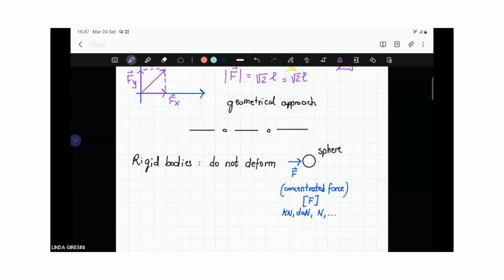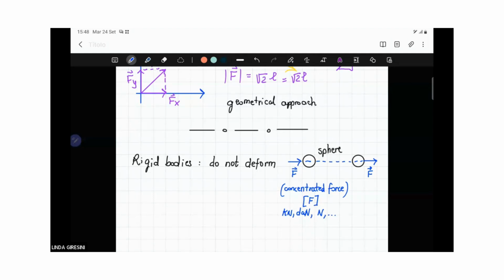So if you have a rigid body, since the body does not deform, you can translate the force vector without, of course, changing its magnitude and its orientation, so along the same line. That's important. So along the same line of action, you can translate the force to any other point of the rigid body itself, and it doesn't change.